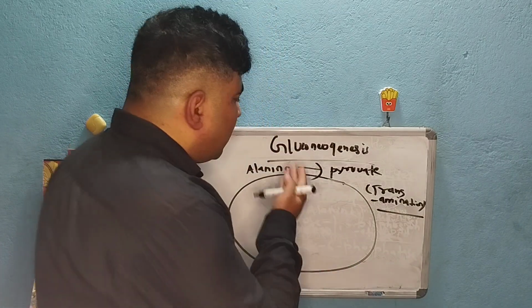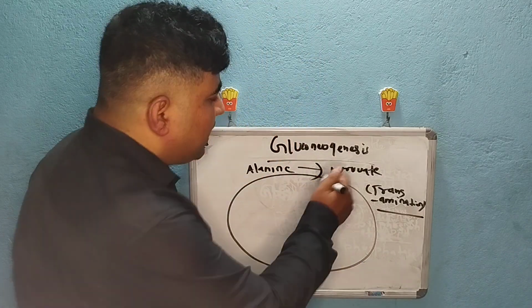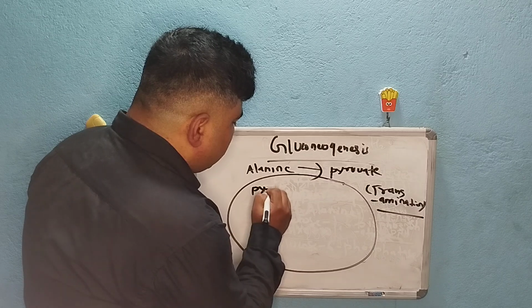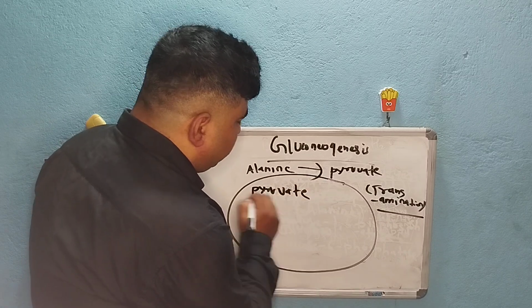In the malate shuttle, if alanine is the precursor, the pyruvate enters into the mitochondria.